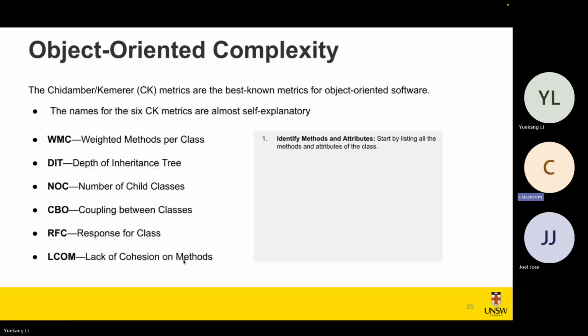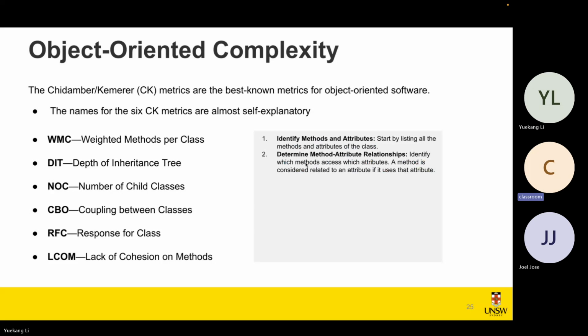So this metric here is related to how we calculate the cohesion within the methods of a class. And it has 5 different variants, and we will only learn one of them here. So we learn the simplest one. The steps for calculating this lack of cohesion are that we start by listing all the methods and attributes of the class, and then we determine the relationship between the methods and attributes.